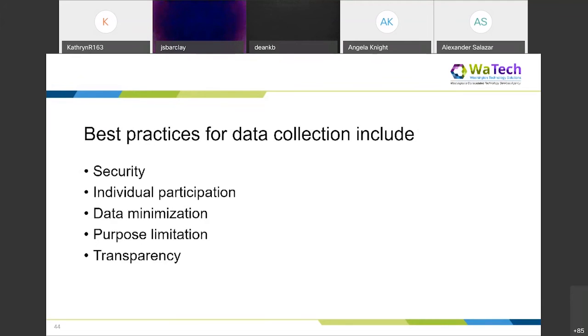And that's where the questions about geolocation data become an issue. And then limiting the purpose of the data to only the stated reasons for collection and not using it for secondary purposes, and deleting it when it's no longer needed, and then being transparent about what data is collected for what purposes and how it will be used and even shared or stored.